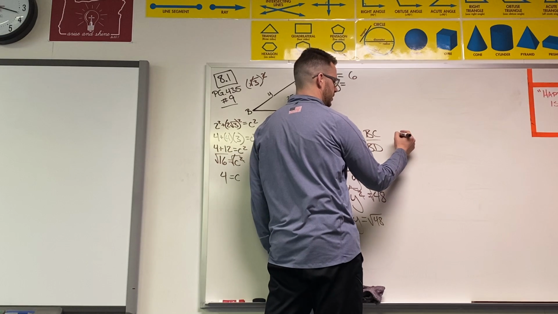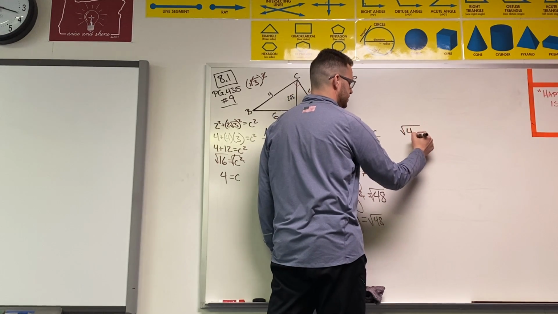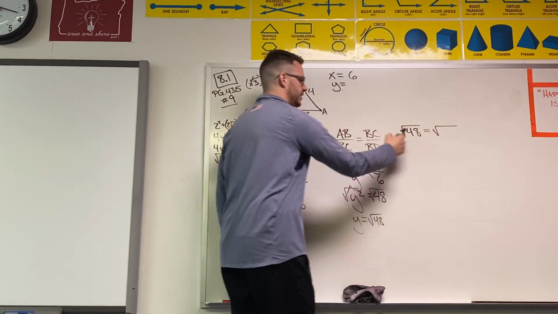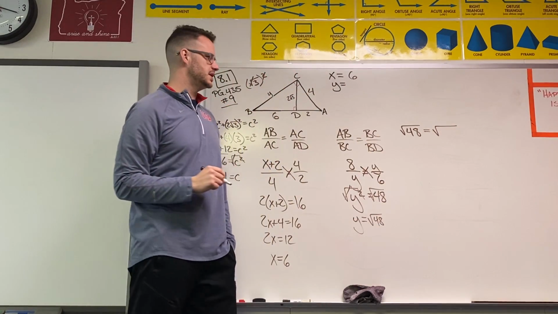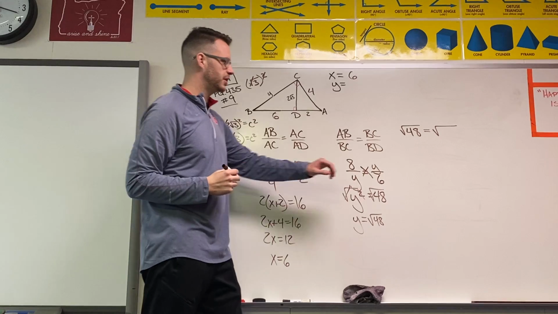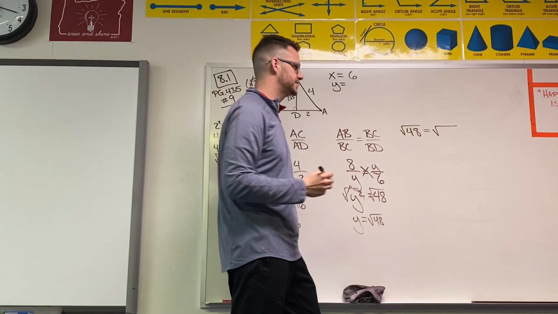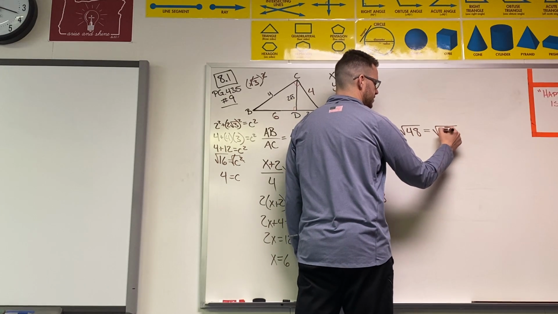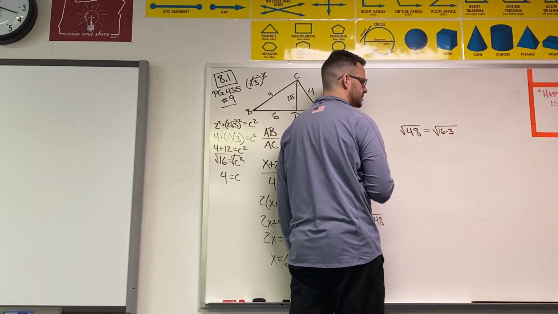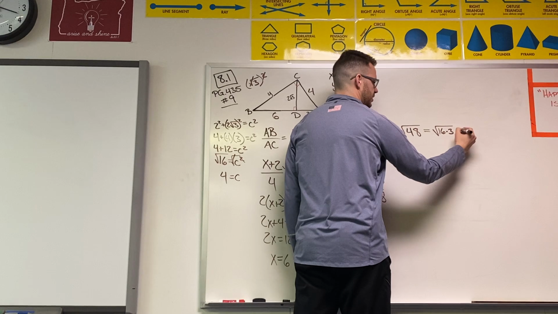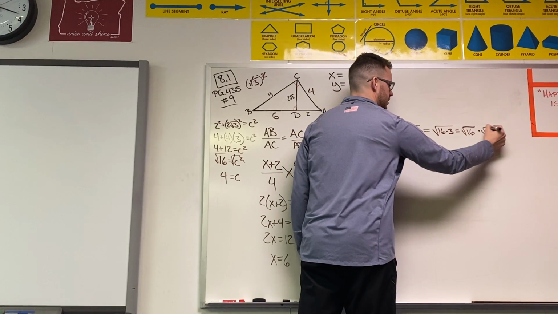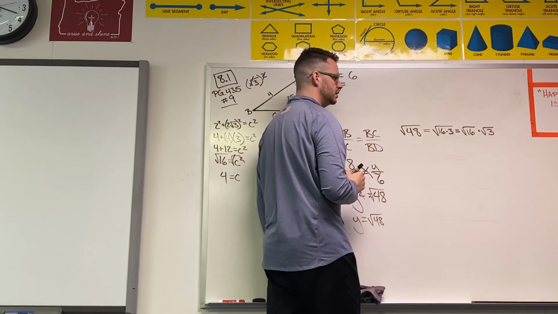So if you guys remember going back a little bit, if we look at the square root of 48, there's a perfect square that goes into 48. The largest perfect square that goes into 48 is 16. So we can say the square root of 48 is equal to the square root of 16 times 3. Then if we break those up, square root of 16 times the square root of 3.